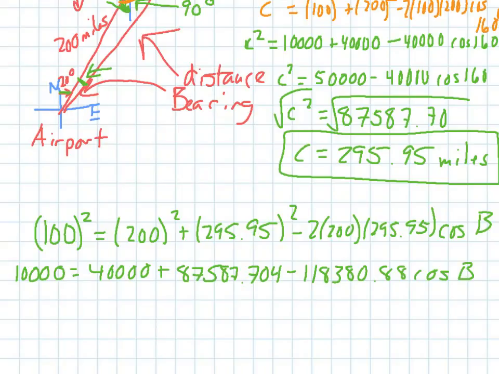Alright, and then put 40,000 and 87,587 together. You get 127,000.